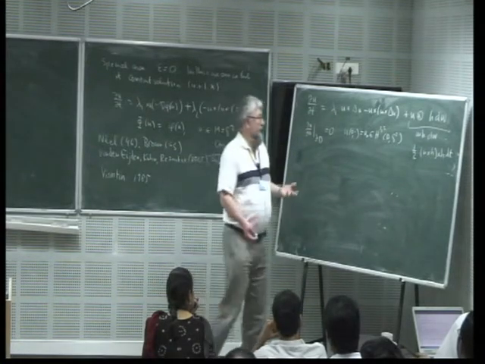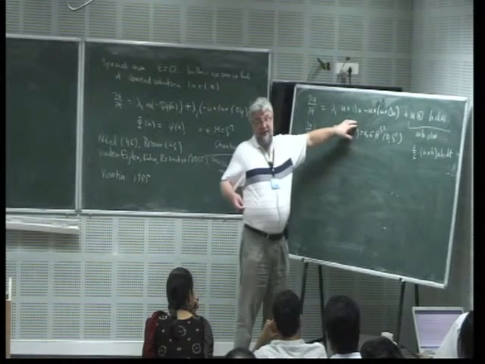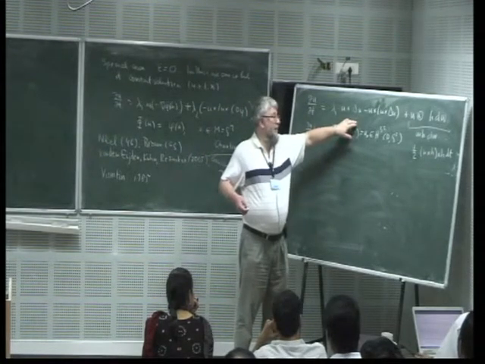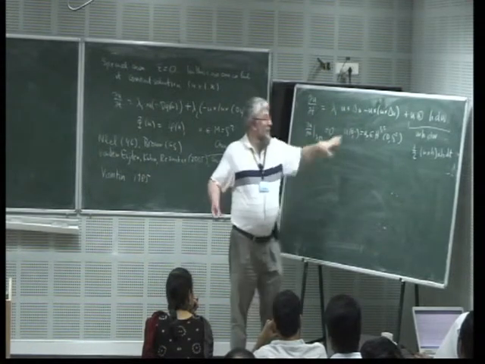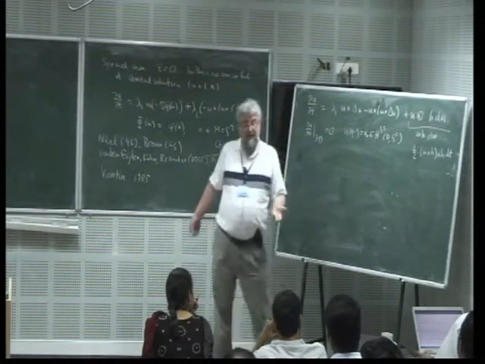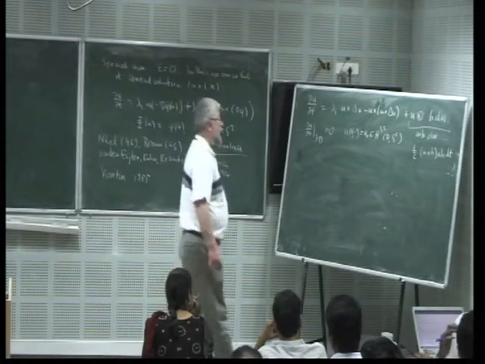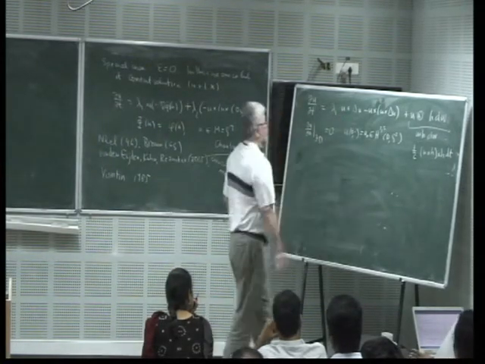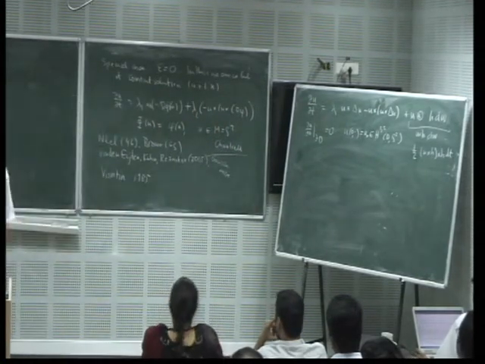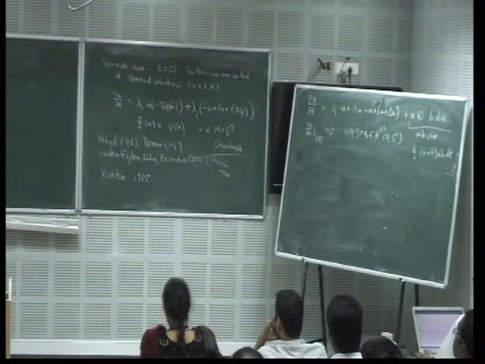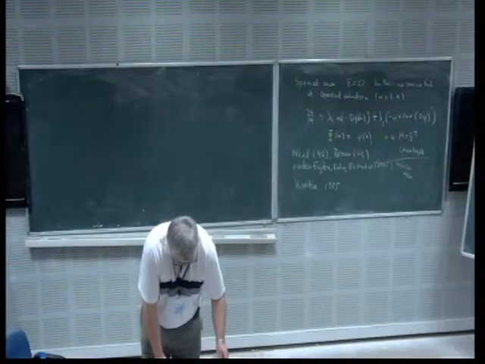Because if U is only in this space, Laplacian U is a distribution, and then we have to multiply a function by a distribution, and that becomes a problem. So what we want is to give a meaning to those things such that for our weak solutions, this makes sense.